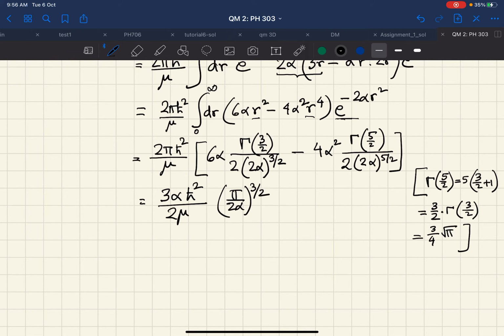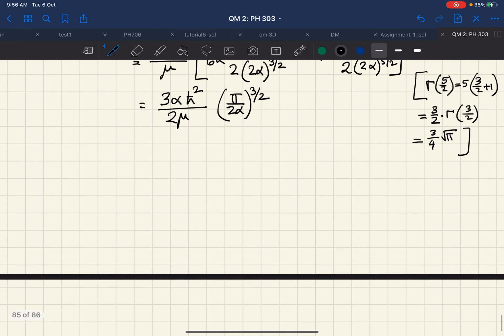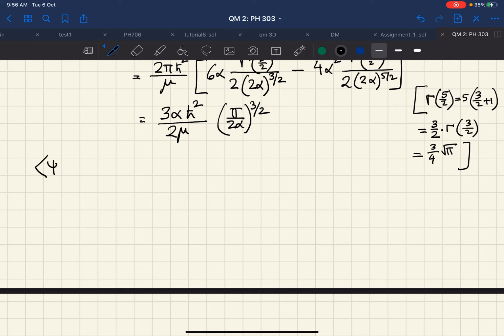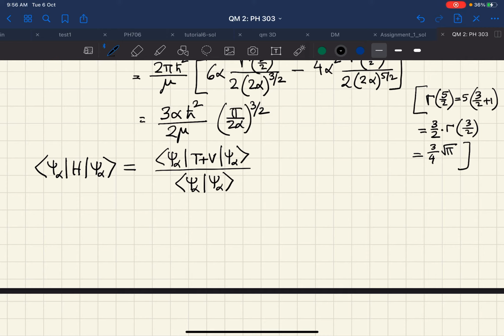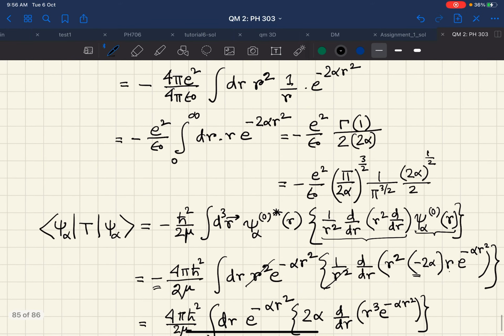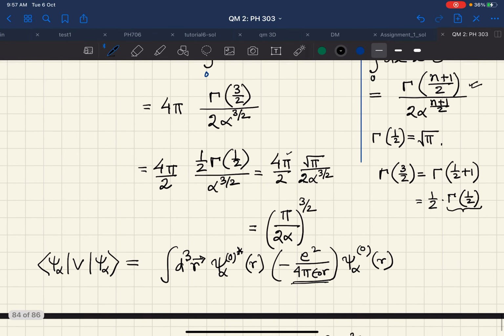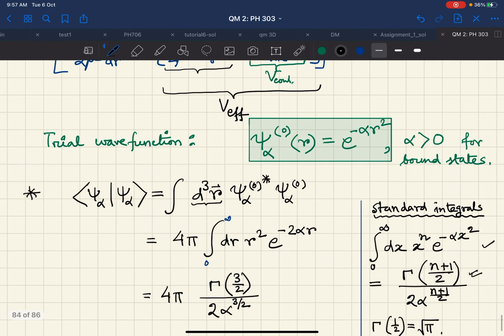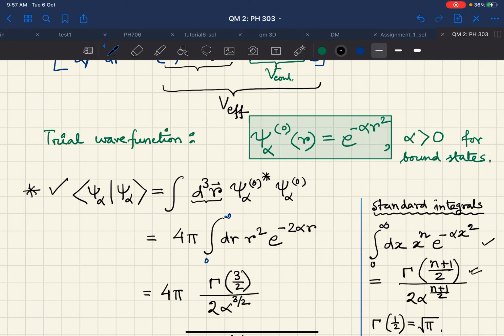So again you see that now if you try to calculate the expectation value of the Hamiltonian operator, psi alpha H psi alpha, this is going to give you psi alpha T plus V psi alpha divided by psi alpha psi alpha. So you substitute everything that we have obtained in these expressions of expectation value of V, expectation value of T, and the inner product of psi alpha.